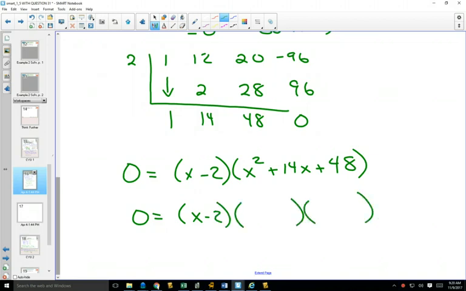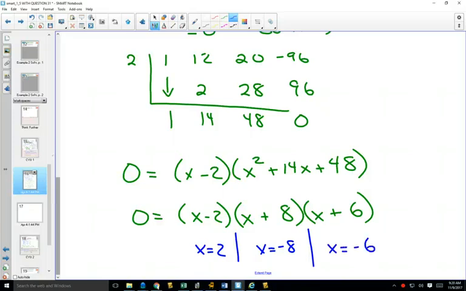Or is it done? Sometimes you get one here that you can't factor anymore. But in this case, you could factor this further. Two things that multiply to 48, 8 and 6, and they add to 14, so this does work. So our possible solutions are x equals 2, x equals negative 8, and x equals negative 6.